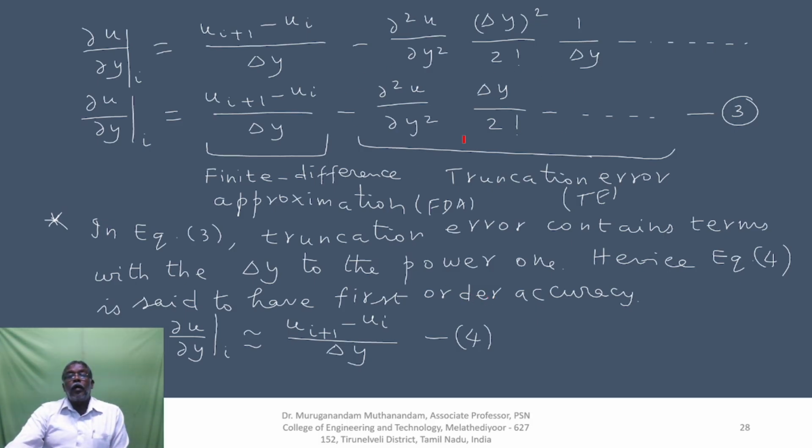When we neglect all the terms containing the truncation error, when we use only the first two terms on the right hand side of equation 3, we obtain an approximate equation for the partial differential coefficient, that is partial u upon partial y at the ith node is approximately equal to ui plus 1 minus ui upon delta y. This is a first order accuracy equation.